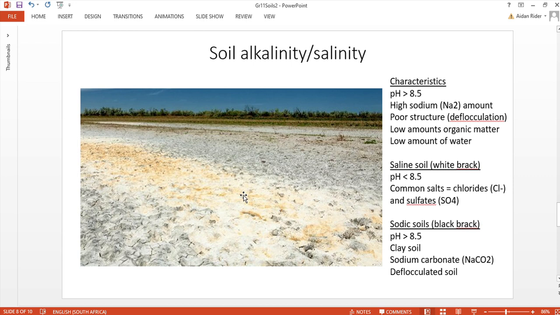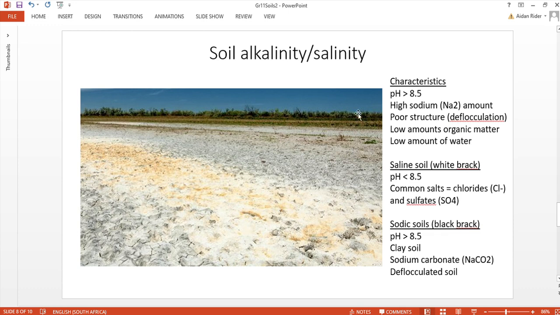But as soon as it's a hot day, the water evaporates, and as the water comes up, the sodium particles or salts stay behind on the surface of the soil, and you see all this, they call it salt precipitates. It's also known as brackish soil.